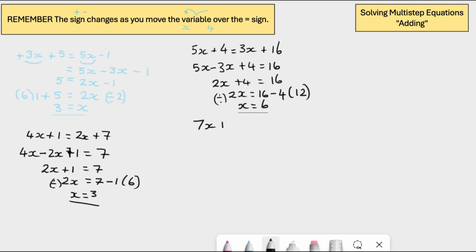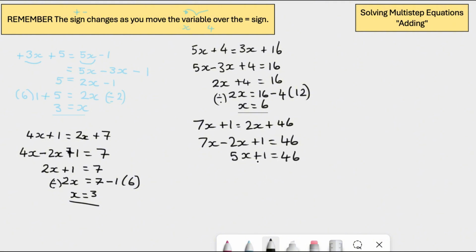7x plus 1 equals 2x plus 46. So 7x is the biggest one, so I'm going to take my little old 2 over. So that's 7x. It's a plus, becomes a negative. That's what we have left. 7x minus 2x is 5x, so we've got a different number for a change, equals 46.